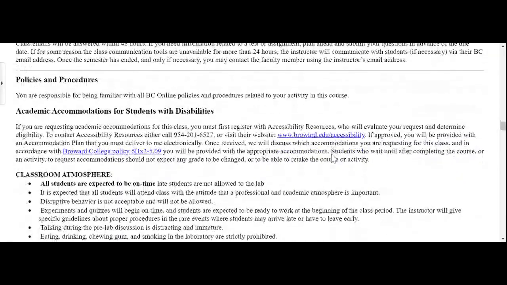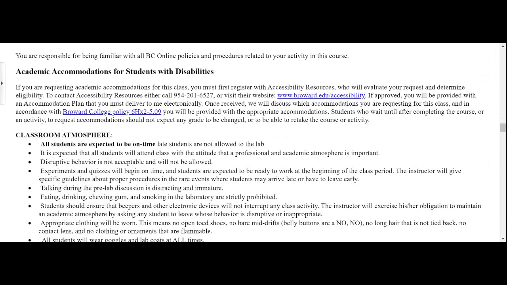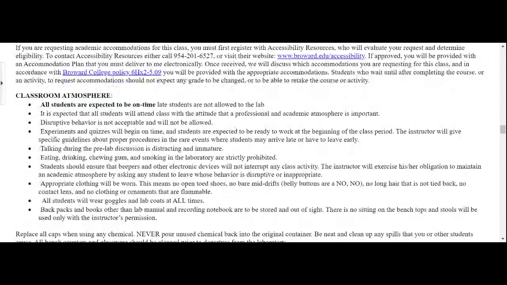Please utilize the discussion, it is a good option. And for communication, D2L email. Accommodation: if you need accommodation, please contact this number. Classroom atmosphere: some of it does not apply for remote learning, others do.